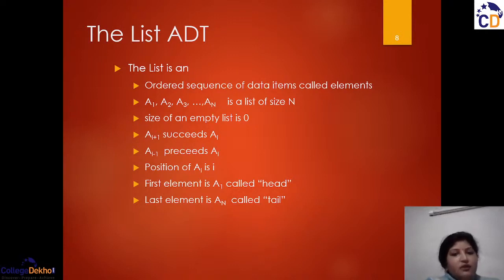The first element of list A, that is A1, is called the head, and the last element, AN, is called the tail. So this is how we define a list data type, right?